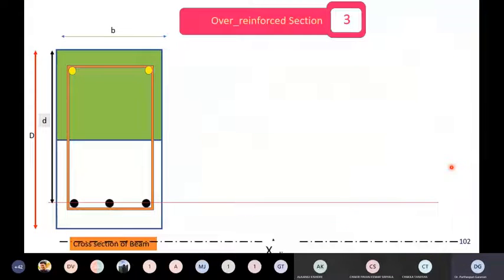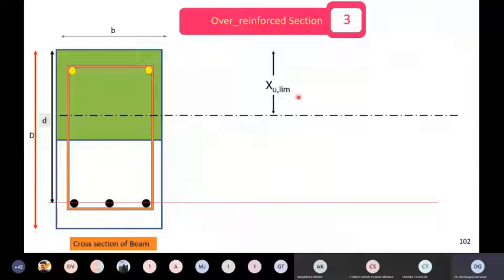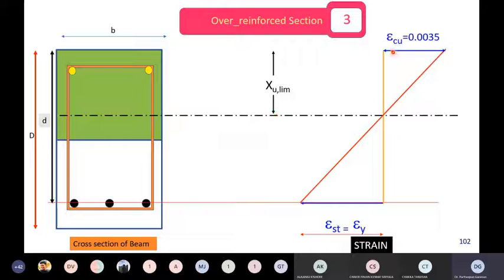over reinforced section. Let us say this again we will start with balanced section, XU limit, and at the balanced section the strain in the extreme concrete fiber is 0.0035, and steel also yielded simultaneously. Now I am going to provide AST more than this.